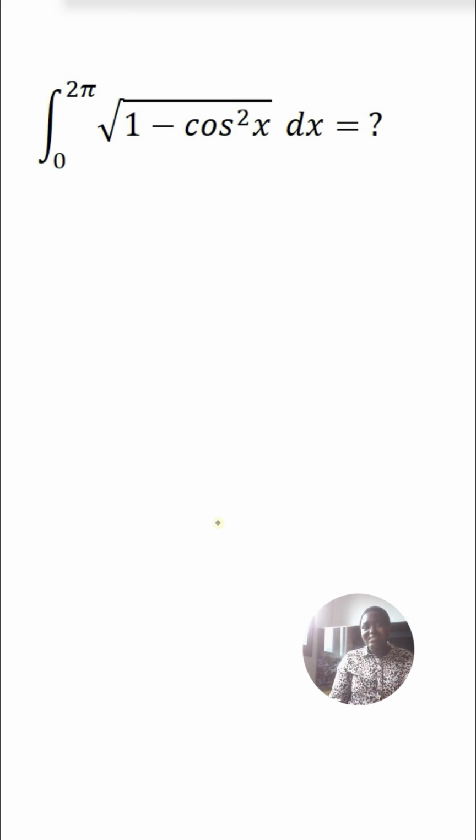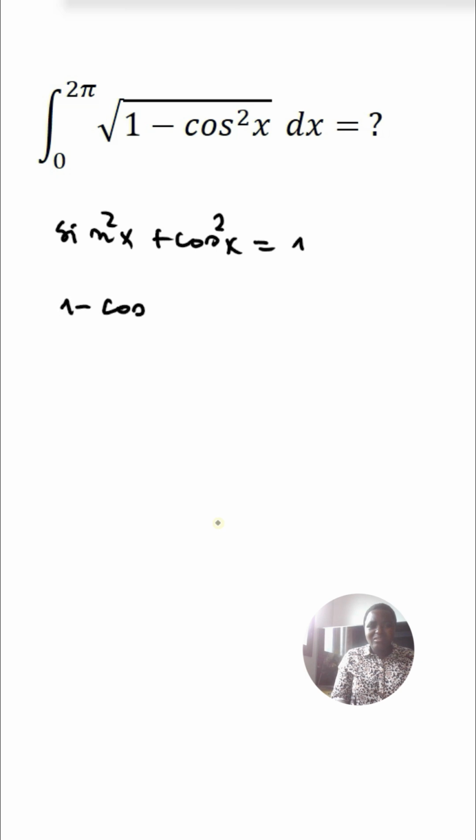When my students evaluate this integral, the first thing that they see is this common trigonometric identity, sine squared of x plus cosine squared of x equal to 1. And from here, they see that 1 minus cosine squared of x is equal to sine squared of x.